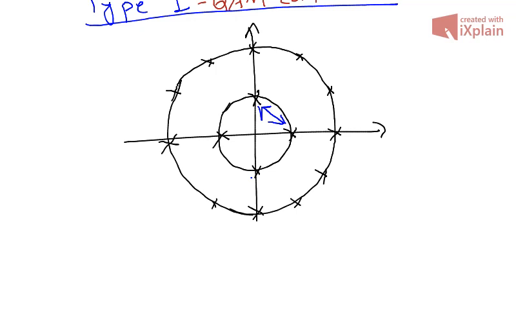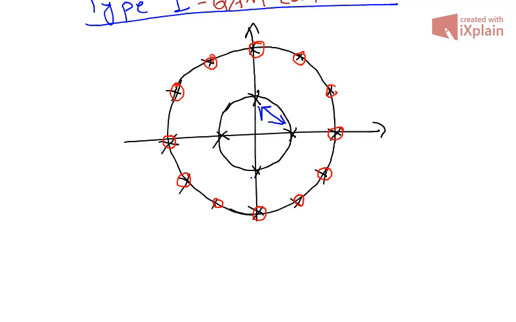Now we have 12 points at the outer circle. If you count it, we have 12 points at the outer circle.